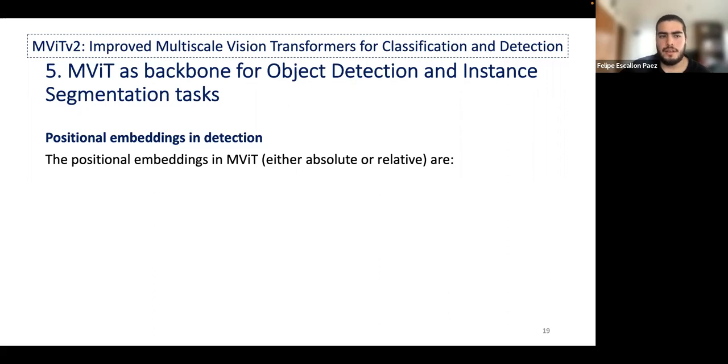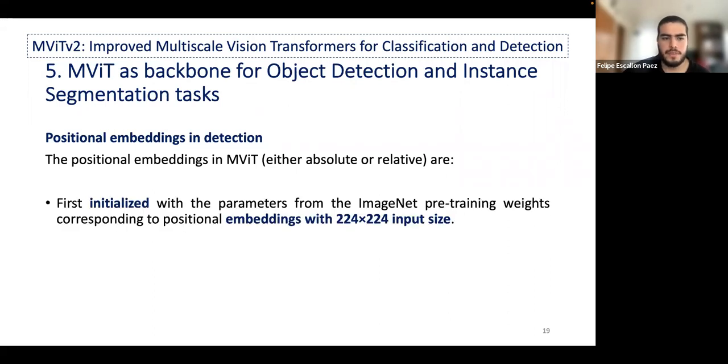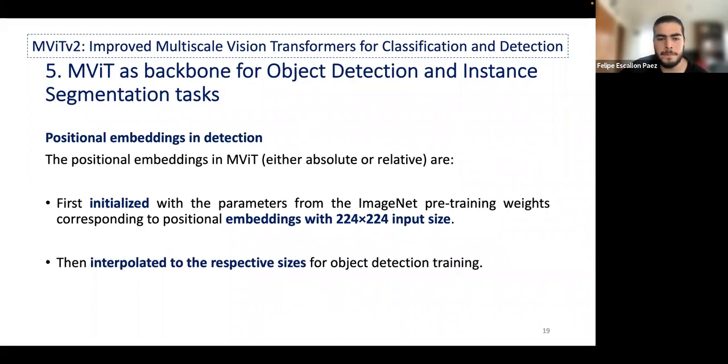Okay, so in this transformer, the positional embeddings are first initialized from the ImageNet pre-training weights corresponding to 224 times 224, and then they interpolate to the respective sizes for object detection.